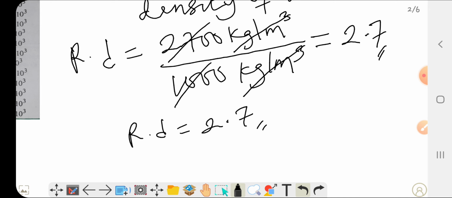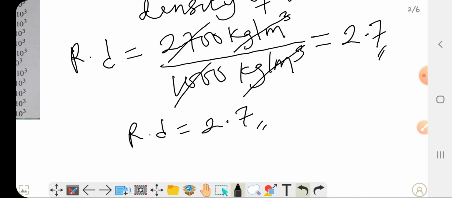One thing you should take note of is if the relative density of a material is greater than 1, it means that material will sink in water. But if the relative density is less than 1, it means the material will float in water. And we are using 1 because the relative density of water is 1.